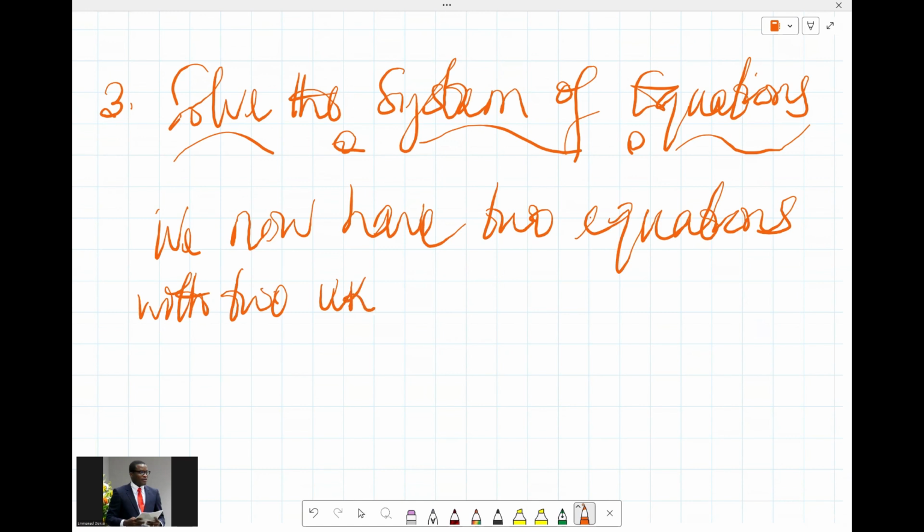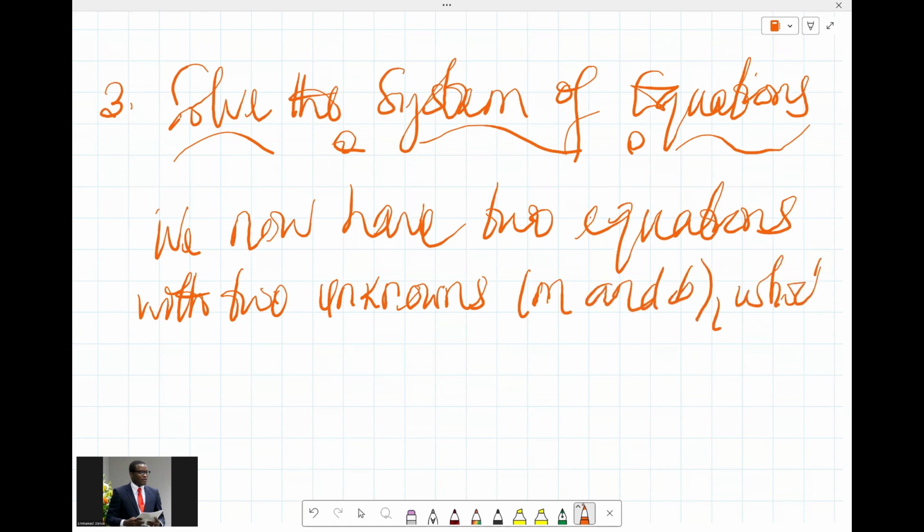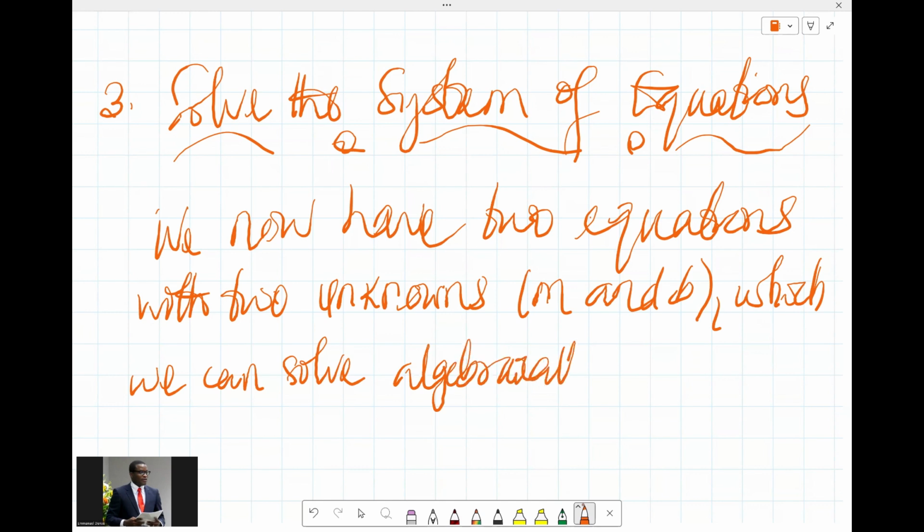So that's a nice problem. That means we can get a perfect solution to this. We now have two unknowns, m and b, which we can solve algebraically or numerically.